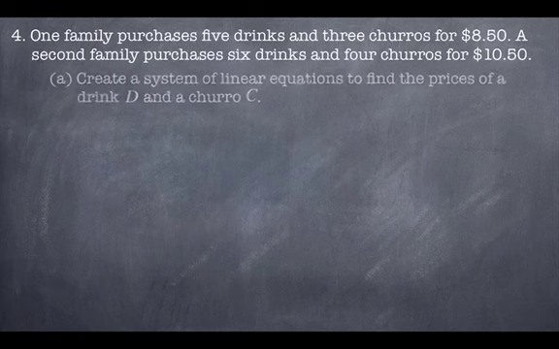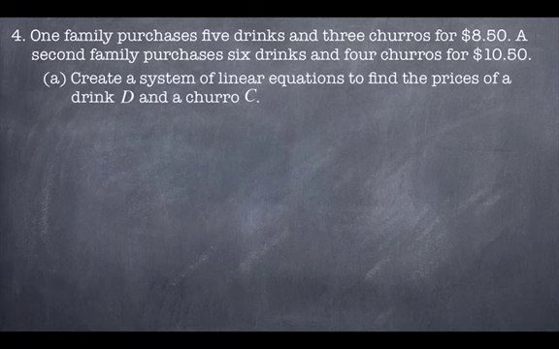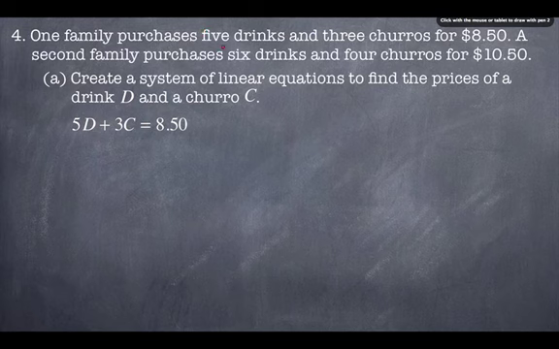Part A says create a system of linear equations to find the prices of a drink, calling it D, and a churro, calling it C. So here's the equation that is generated by the first family. 5 drinks, 3 churros equals $8.50. Second family, 6 drinks, 4 churros, $10.50.